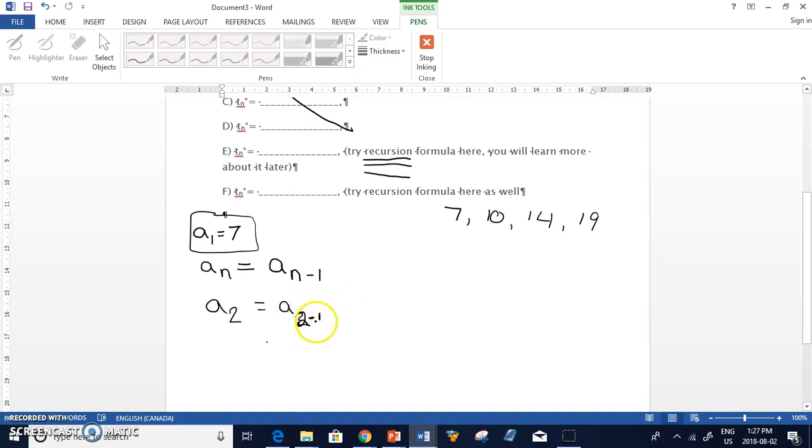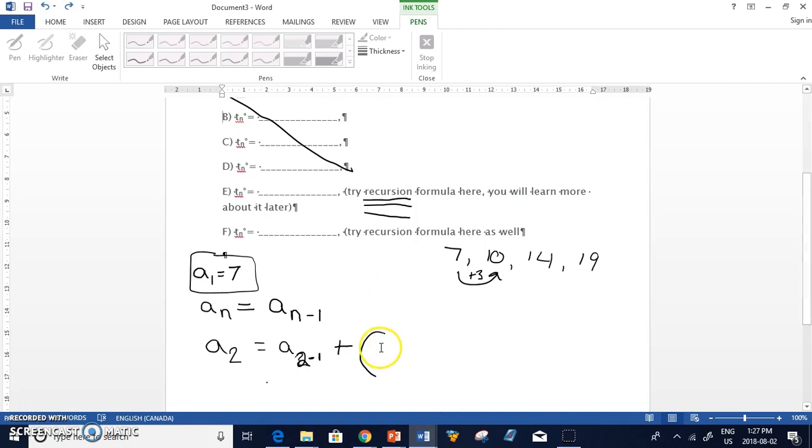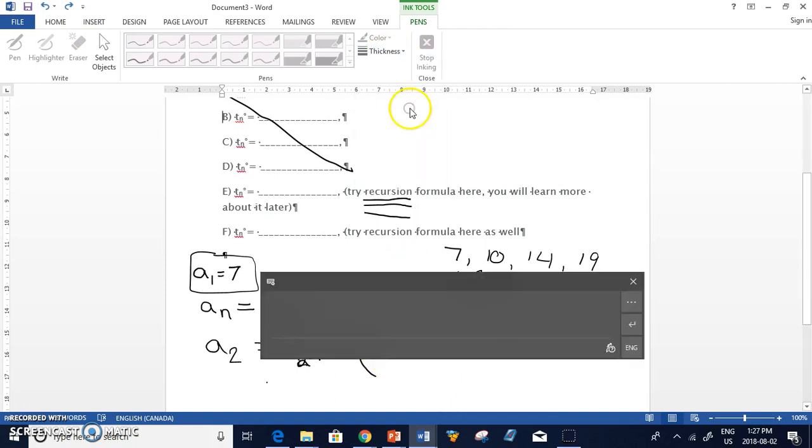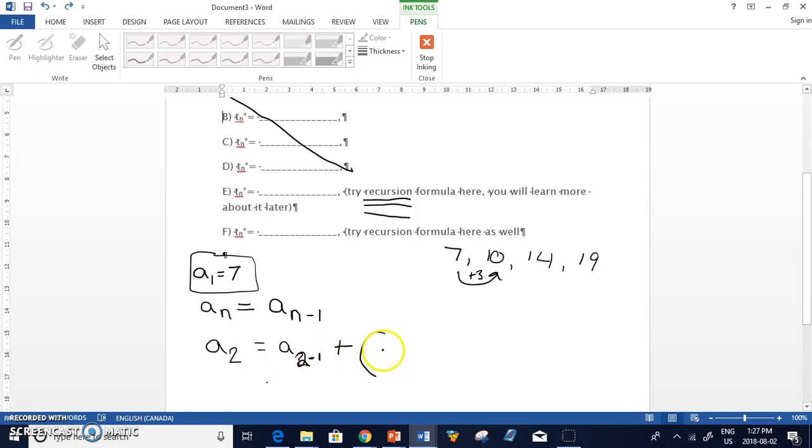All right, but we know it's not just that. What's the relationship? Well, we know we're going to add a value, and we can express that value based on the term number. So here to go from 7 to 10, we added 3. Well, this term number is 2, and I could express this as my n, which is 2, so n plus 1 would give me 3.